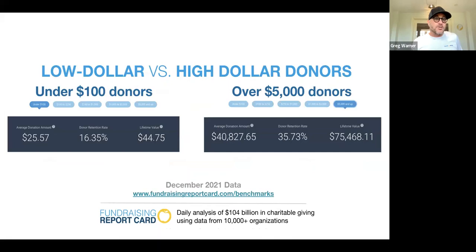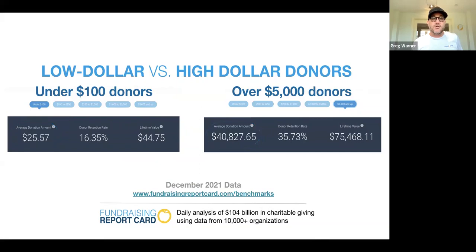What we are seeing in the data that's fascinating to me is that if you compare under $100 donors with over $5,000 donors, this is the low dollars versus the high dollar donors. The average donation is just 25 bucks from the low dollar donors, makes sense. The average donation from the high dollar donors is about 41,000.